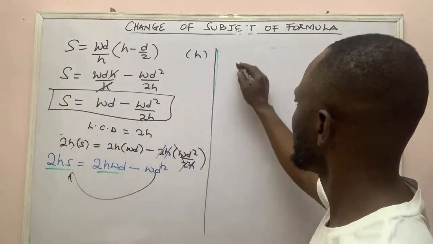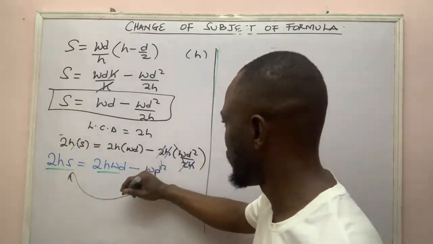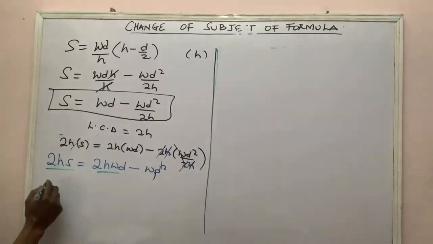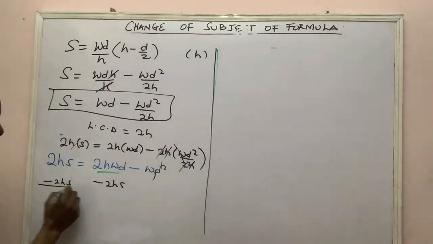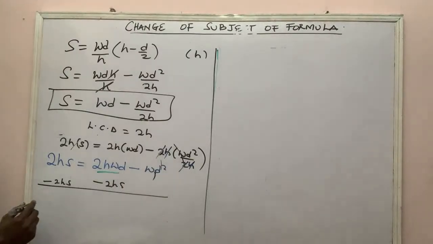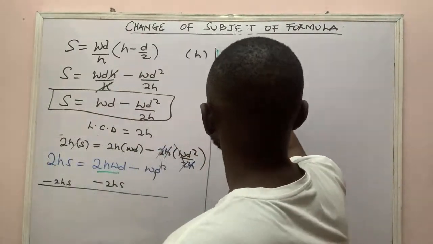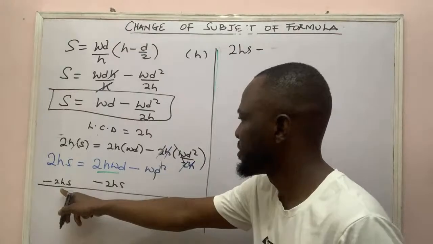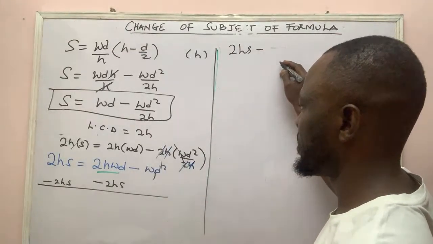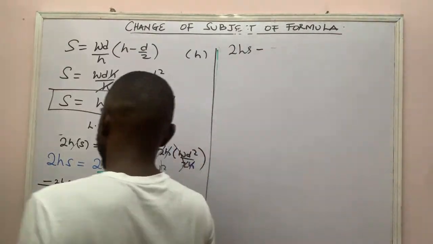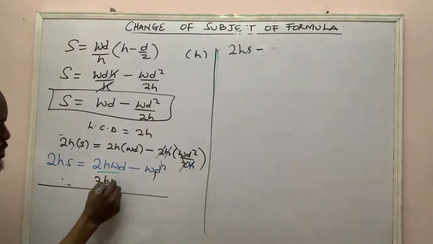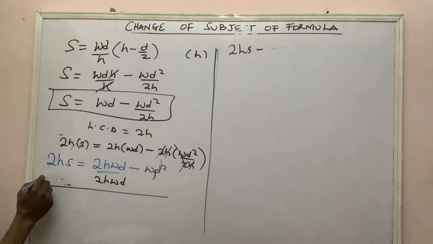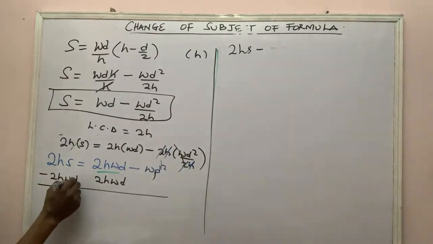So if I do that, I'm subtracting 2HWD from both sides of the equation, minus 2HWD.